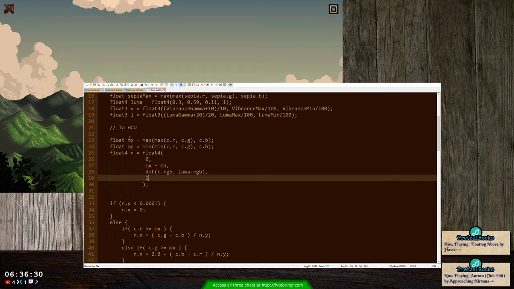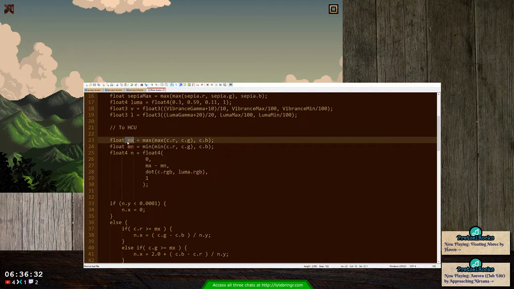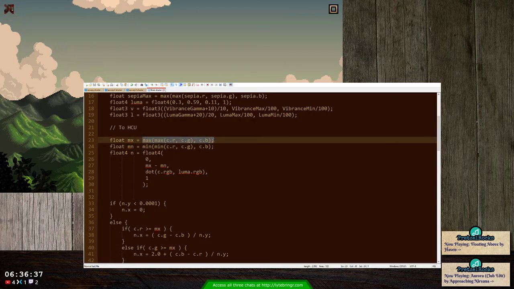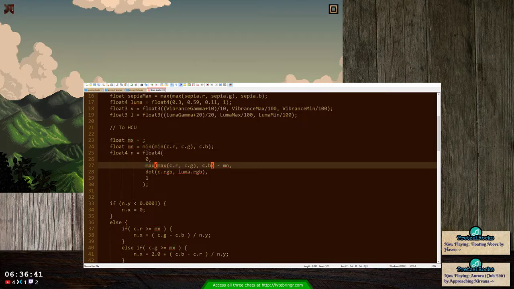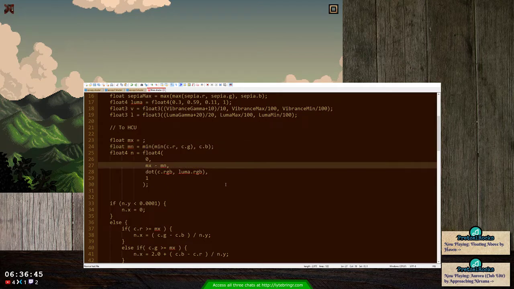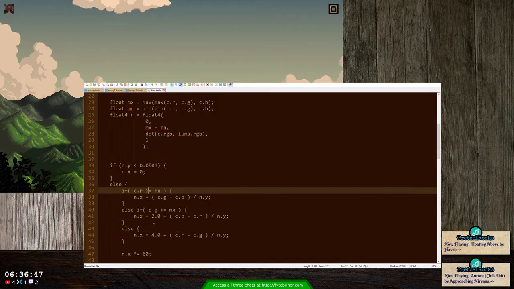Which means, instead of having MX and MN defined as more memory that needs to be taken up, we can just compute them. Actually, no, because we need them down here.